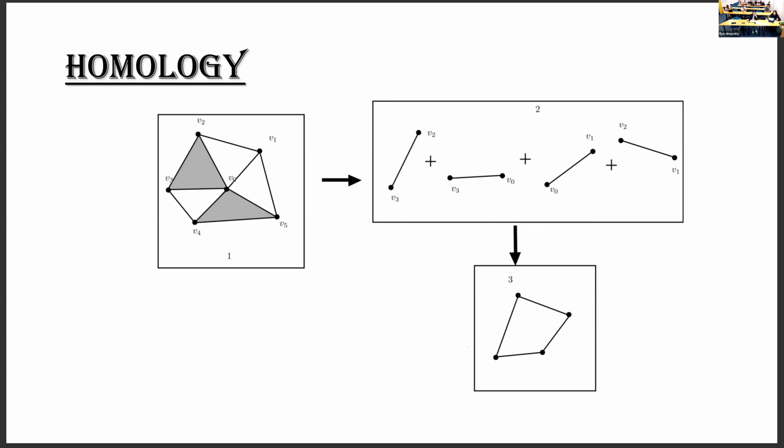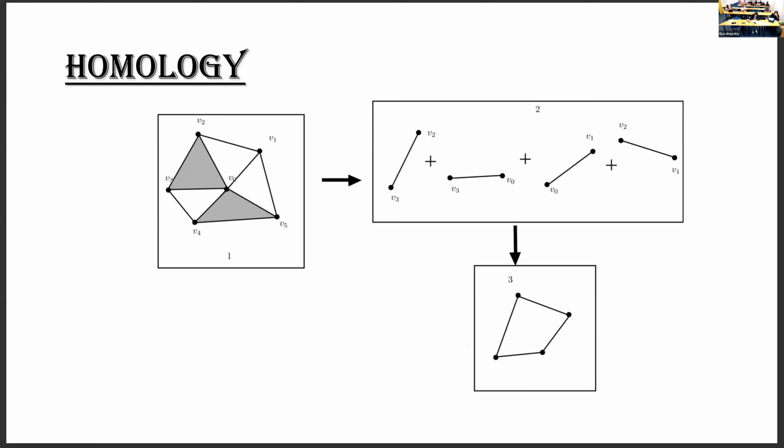The second frame is a combination of edges, or one-dimensional triangles, chosen in a particular fashion such that it satisfies the algebraic constraints enforced by homology to describe what we can define as a one-dimensional hole. In the third frame, we can see that this combination of edges, in the particular manner that is chosen, describes a loop with a hollow center. And in layman's terms, that's what we understand as a hole.